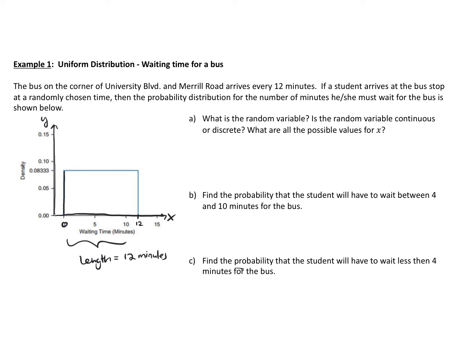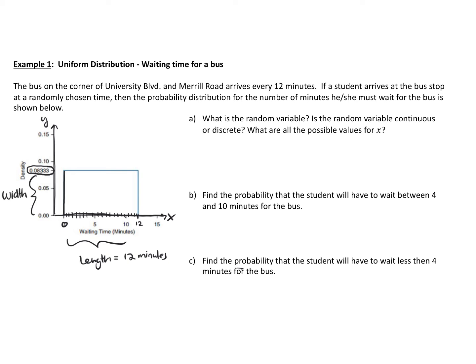So what we're saying here is that every single minute between 0 and 12 minutes has the same probability of occurring. And if you take a look at my drawing here, you'll see that the probability density is 0.08333. So how did we calculate that value, which also represents the height of the rectangle?